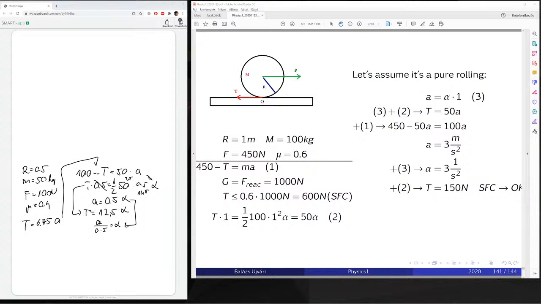Let me double check myself. 12.5. Yes. So 100 minus 6.75 A equals 50 times A. 100 equals 56.75 A.